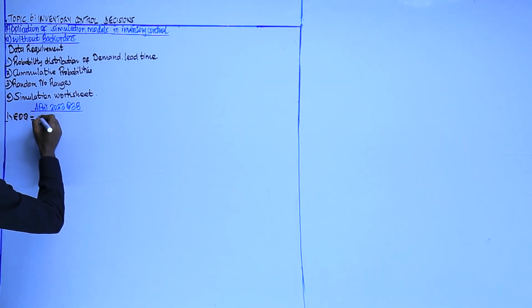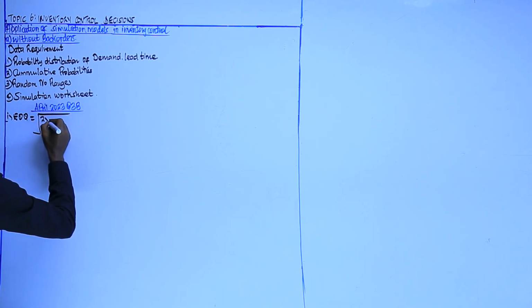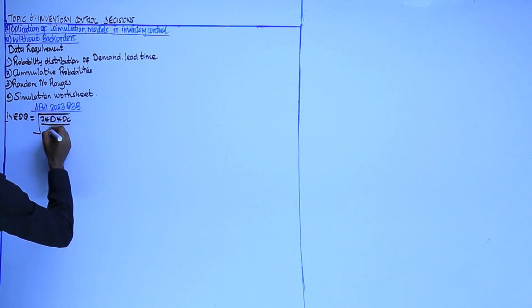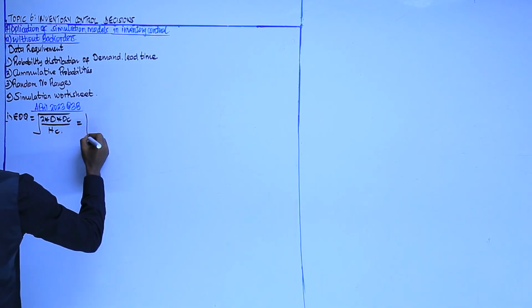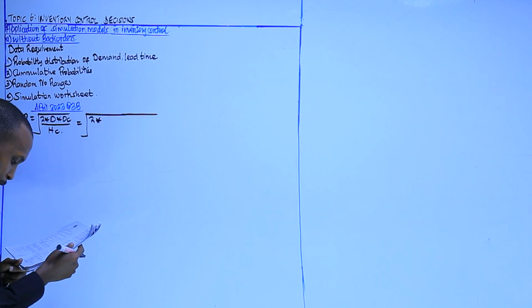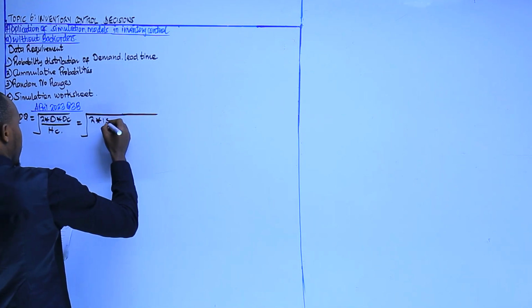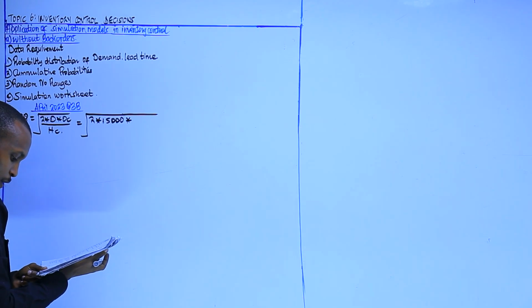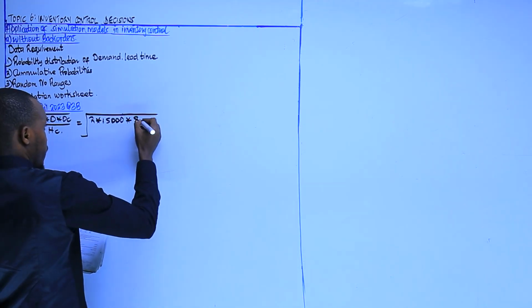EOQ, we know, is the square root of 2 times demand times OC divided by HC. So your annual demand is 15,000 pairs of solar. You multiply by your ordering cost per order, which is 80.